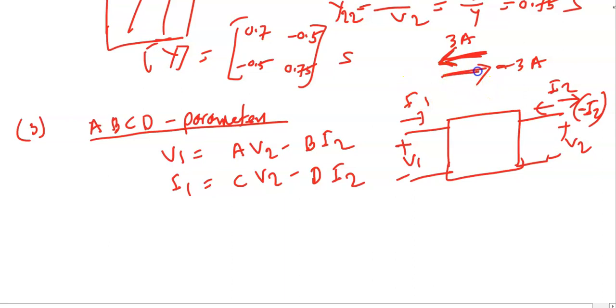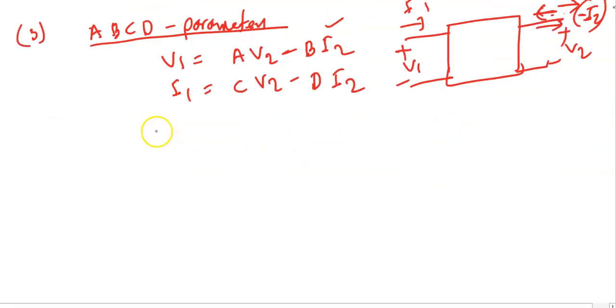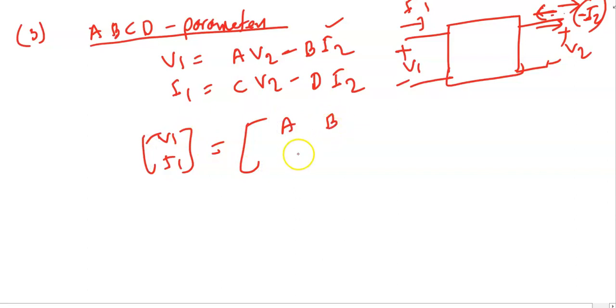If I am indicating the direction towards the right, it will simply be minus 3 ampere. In the same way, if my convention says that it is I2, then obviously if I take it out of this terminal, opposite to this, it is minus I2. So due to that only, this negative sign arises. So in matrix form, V1 and I1 is equal to the matrix A B C D times V2 and minus I2.